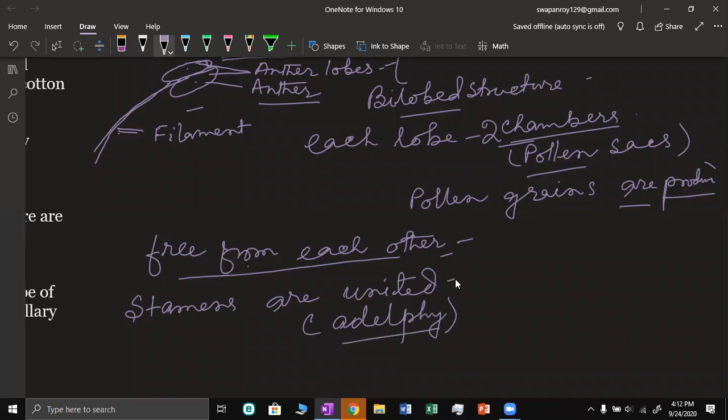Okay. So when they are united, this may be united into one bundle, united into 2 bundles, or united into more than 2 bundles.